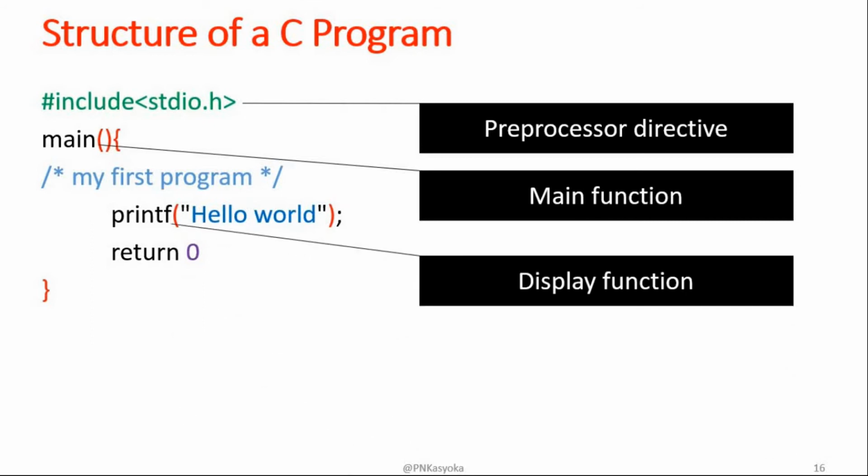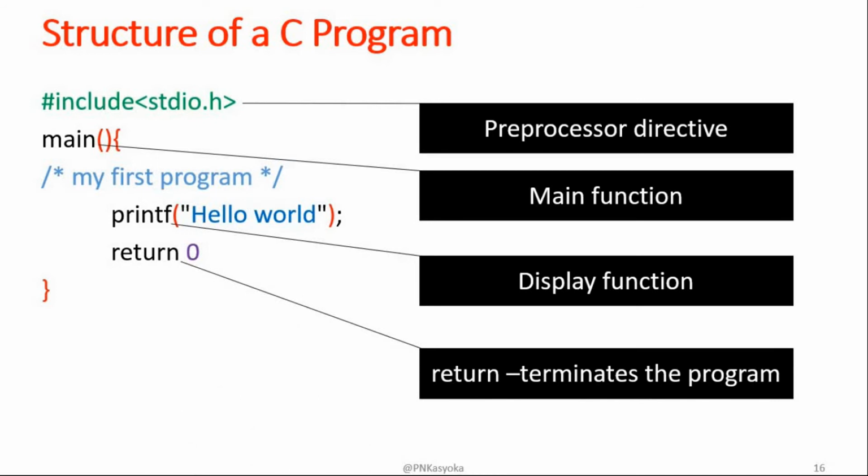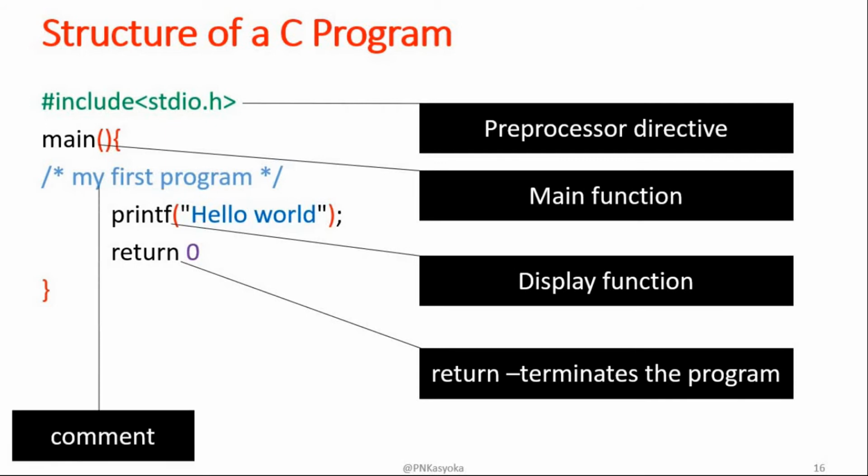We can have the display section, that is, within the body of the main function, we can have output using the function printf. And we can terminate the program using return 0. That terminates the program. We require a semicolon at the end of that statement.